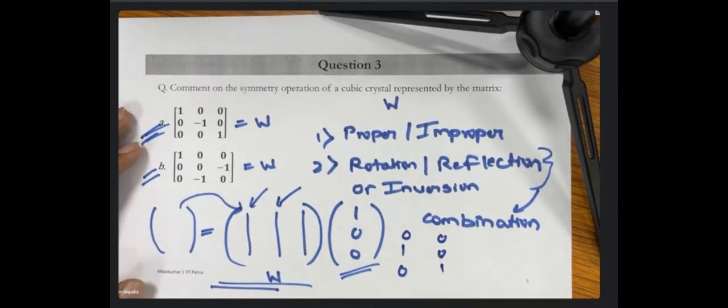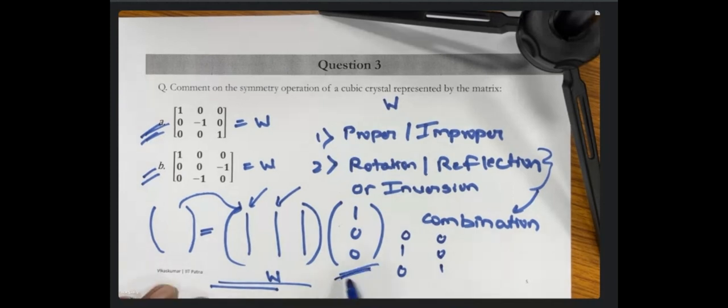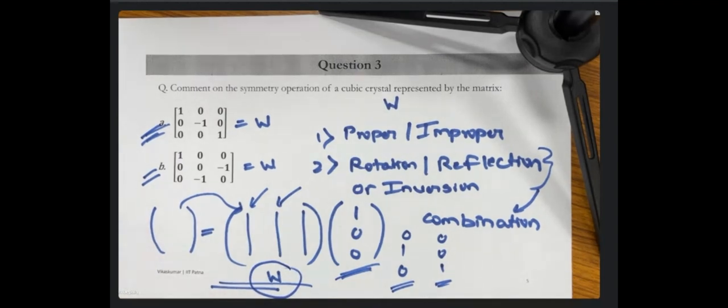So if one knows how these three directions, 100, 010, and 001, are going to be transformed using the symmetry transformation matrix, then we will be in a position to comment on how any vector is going to transform by the particular symmetry operation.